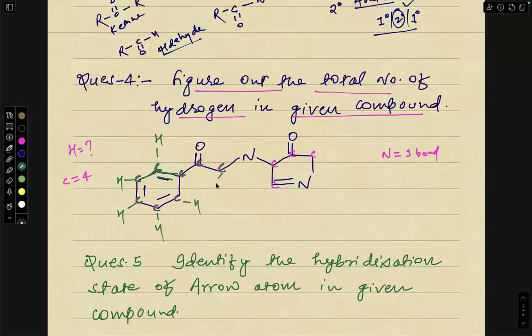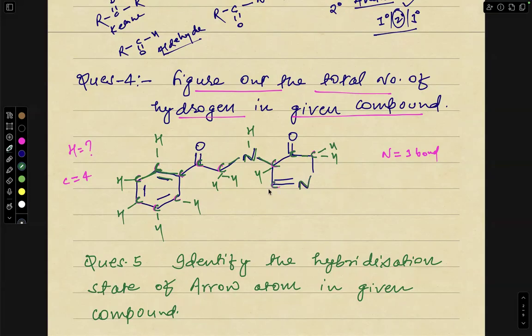This carbon has two bonds, so we can add two more H. Now I said that nitrogen can form three bonds. So this one has a double bond, so we can add one more H. This carbon has three bonds, so one hydrogen. This one already has four valency. This one has two bonds, so we can add two more hydrogens. And this nitrogen already has three bonds, so no need to attach any hydrogen.